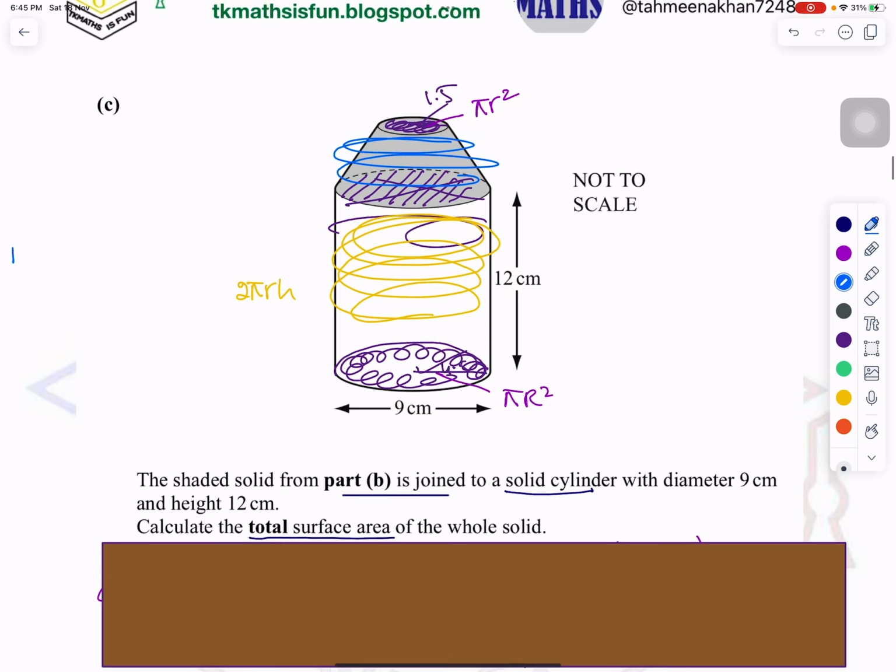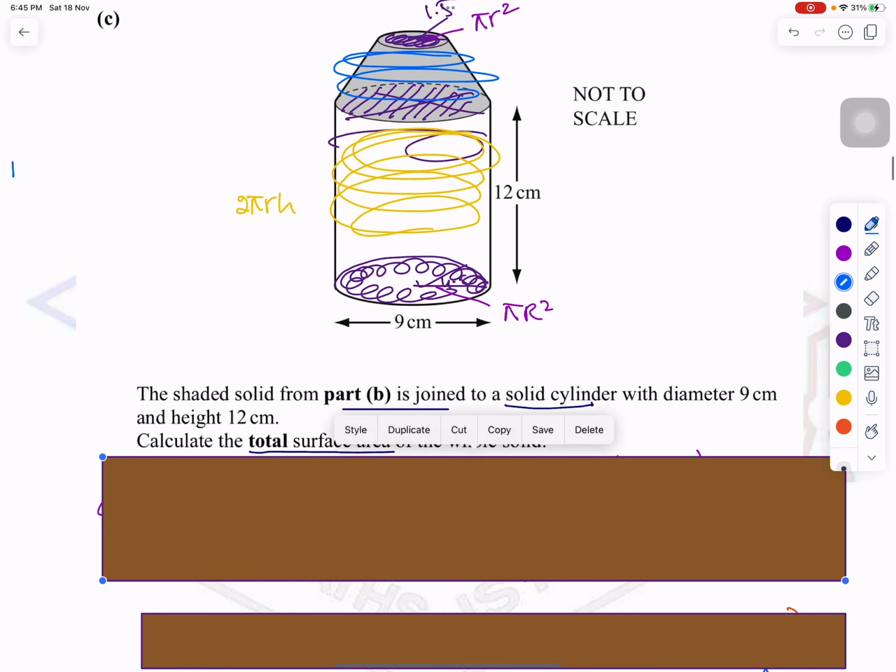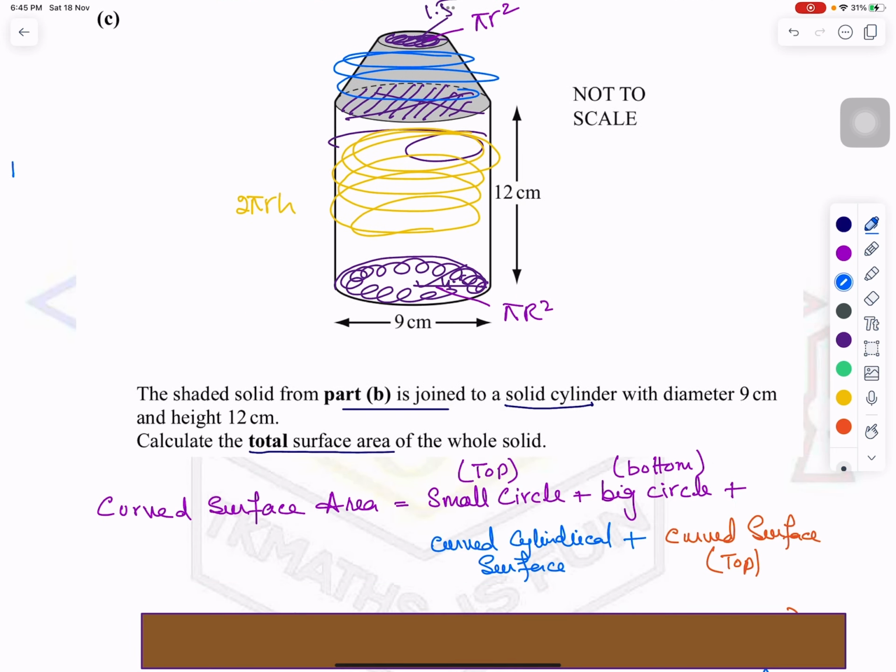So I have done it here. Formula I've written before. So curved surface area is a small circle, which is pi R square, the top one. Big circle in the bottom. Curved cylindrical surface is around this. Formula is this. And this top, which is gray in color here, right? So you have to find out this surface area.